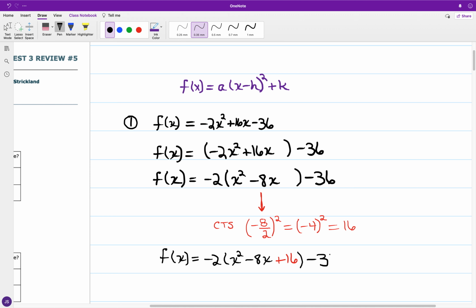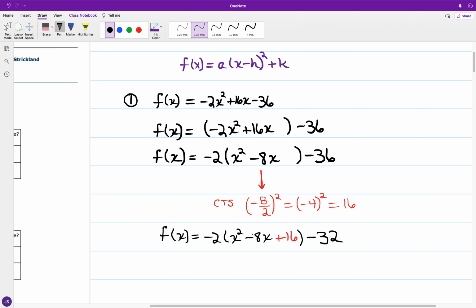I have to create a bit of a balance here, because negative 2 times 16 is negative 32, and if I take 36 away, I'll have a minus 68. So I want to get it back in balance with minus 36.